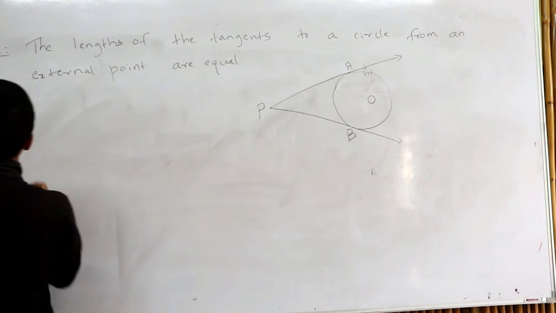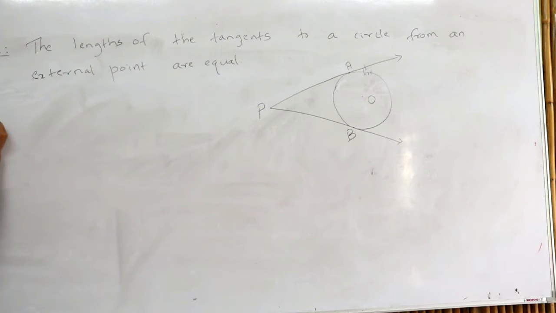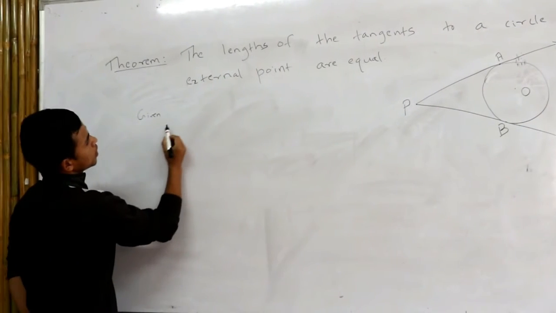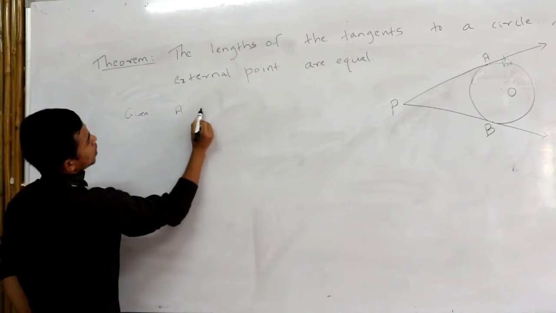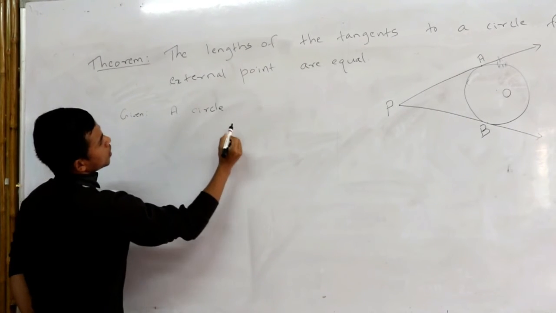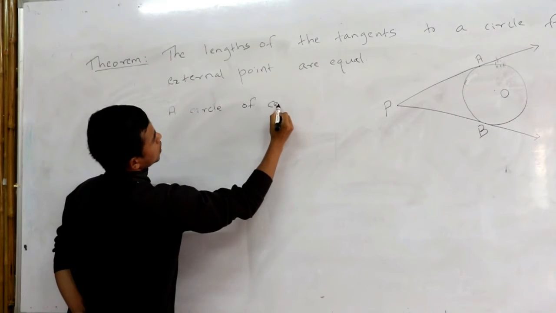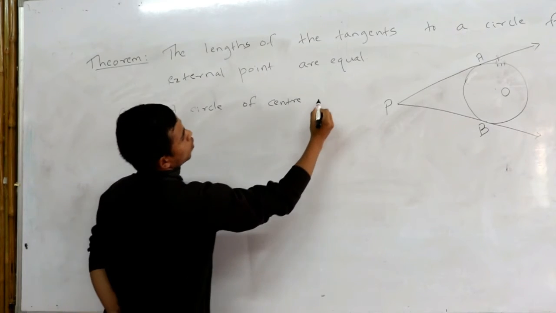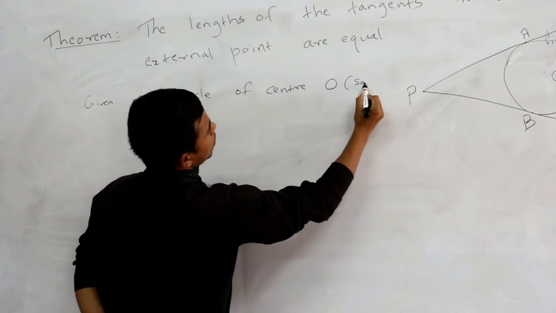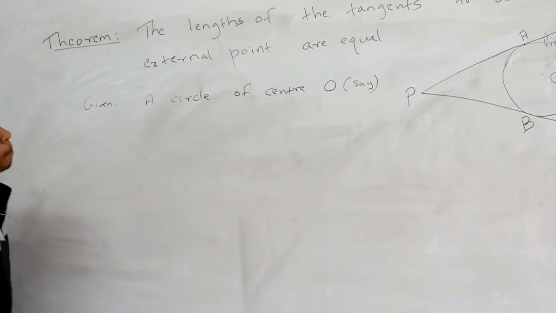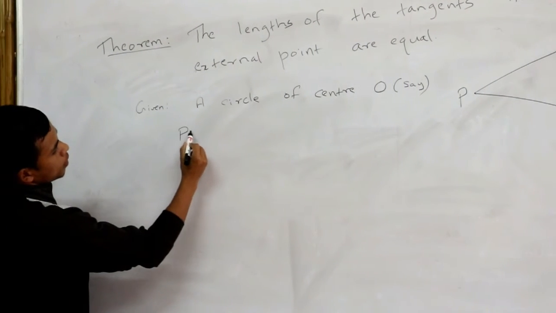Now we will write down what is given to us. We are given a circle of center O, and P is the external point.